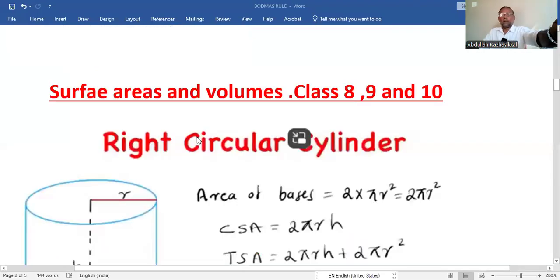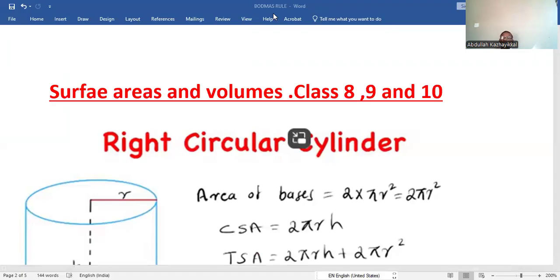Yes, we can see here. Surface area and volume, class 8, 9 and 10. Time is running, I think. Listen here.